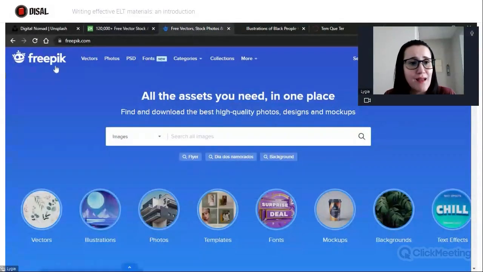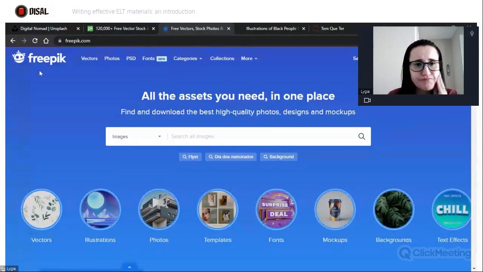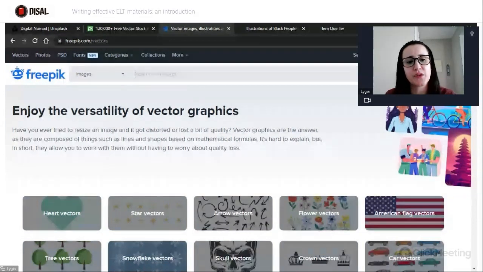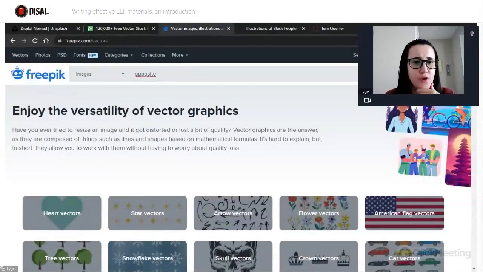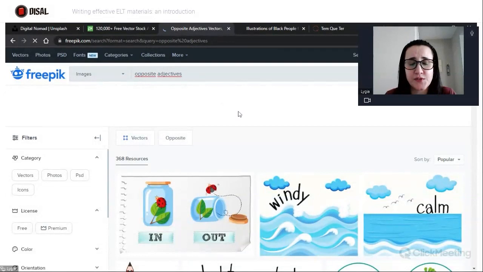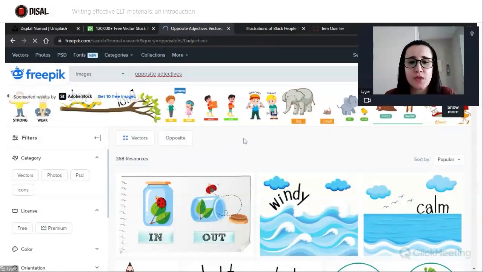Another one which I like is Freepik. A highlight on this website are the vectors. So this is something I've done many times. For instance, there was a project in which I was involved, and we had to teach some scientific concepts to students in English.